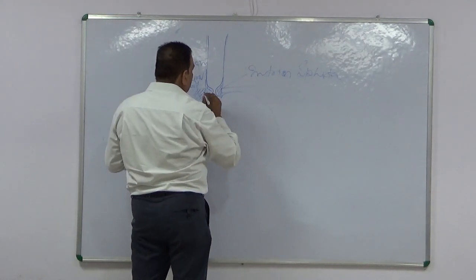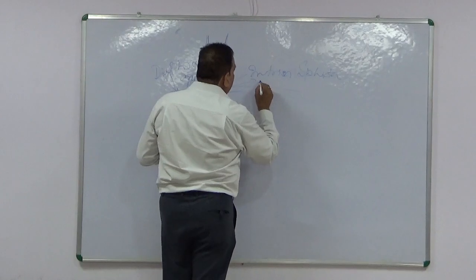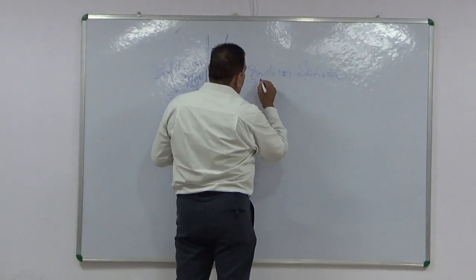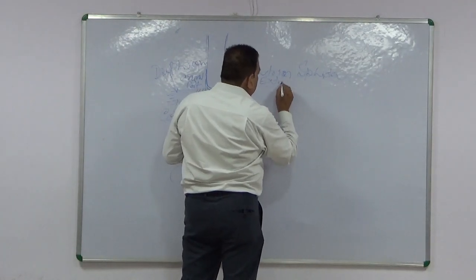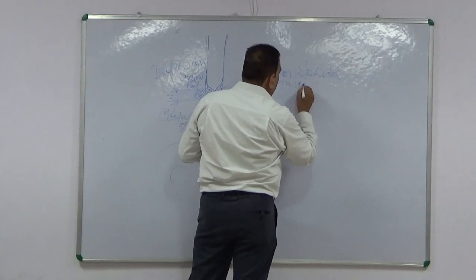This crural portion creates the extrinsic sphincter.